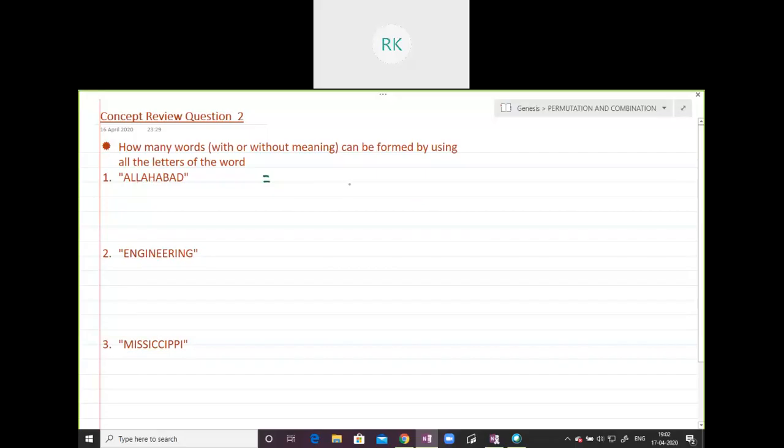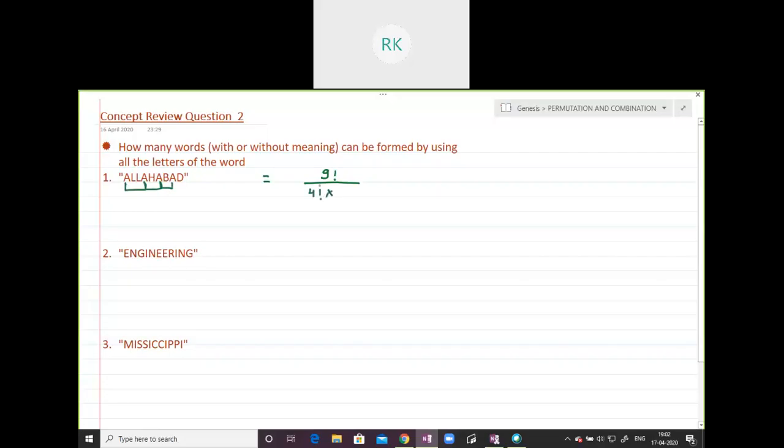So nine factorial ways we can arrange the letters. But remember friends, a few letters are repeated. Let's say A is repeated how many times? The 4 times. So I should divide by 4 factorial.